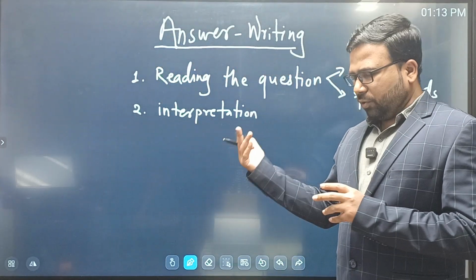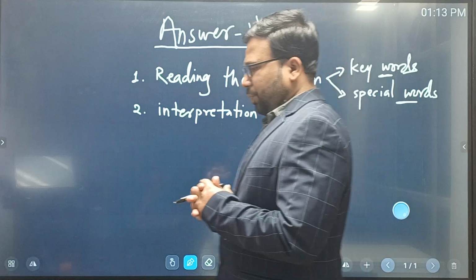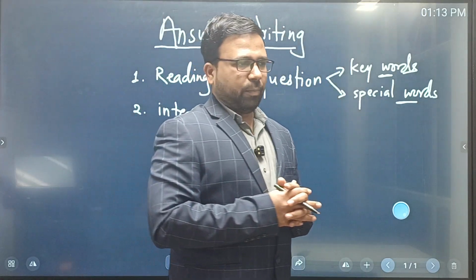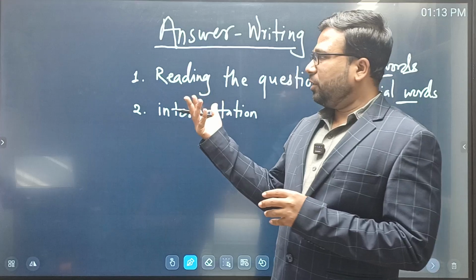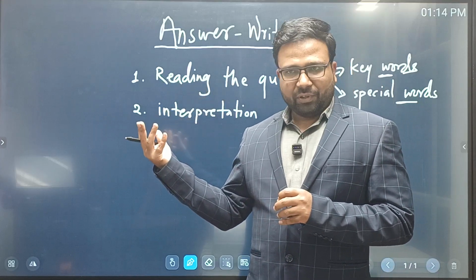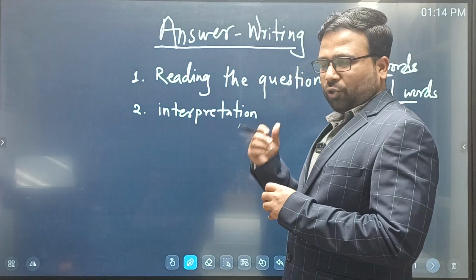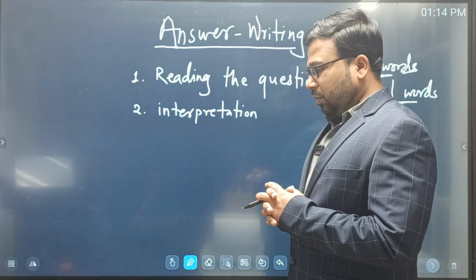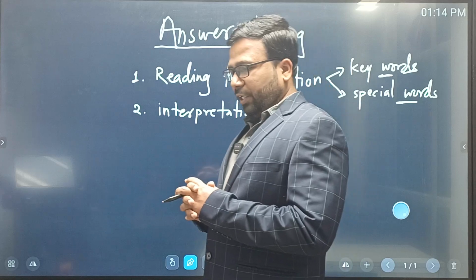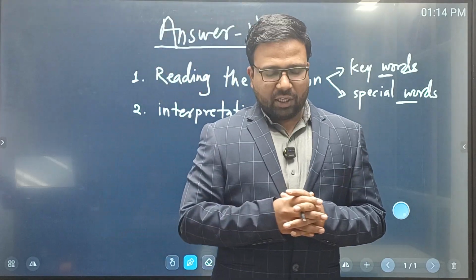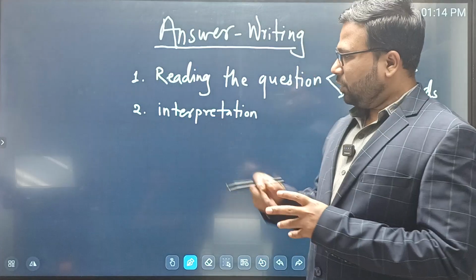But if UPSC is putting the question on this particular topic, it may put it in this manner: state the current status of Naxal affected areas, full stop. Second, what are the steps taken by the government to reduce the menace in these Naxal affected regions, full stop.